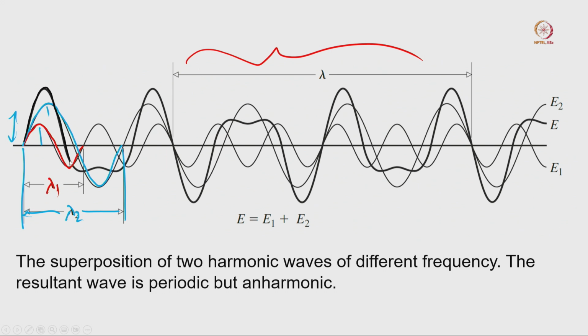Now, the point is, if we consider the first peak of the red wave and the blue wave, they are very close to each other. That is the reason this amplitude is much higher. But if we go further, if we move along the blue wave and the red wave, what is going to happen?